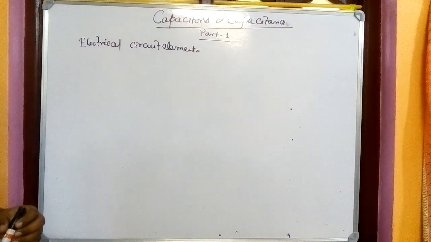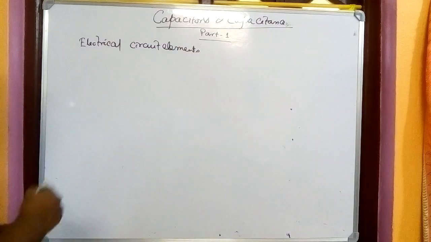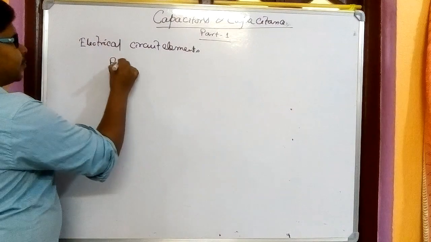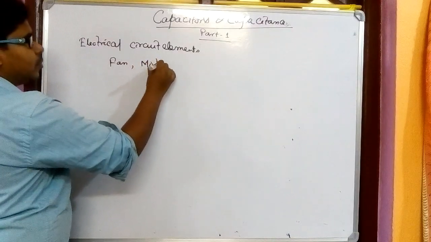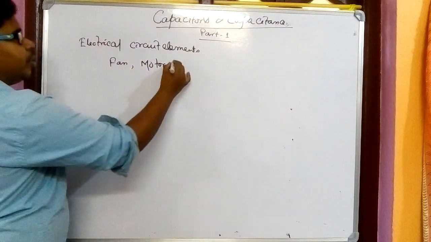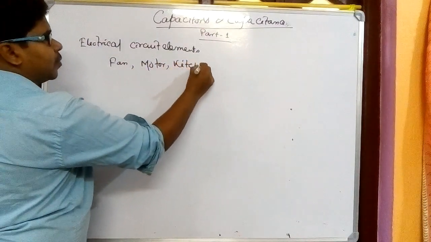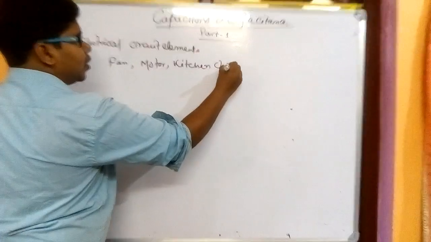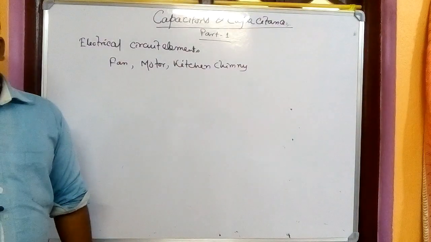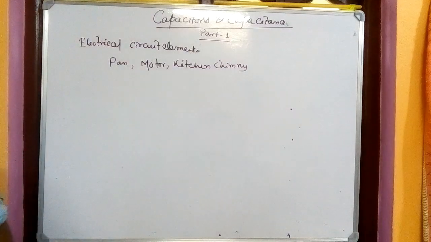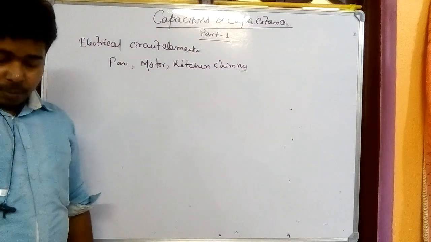See, when we are talking about an electrical instrument like a fan, motor, kitchen chimney, in this type of instrument, to start it we need a huge amount of current.